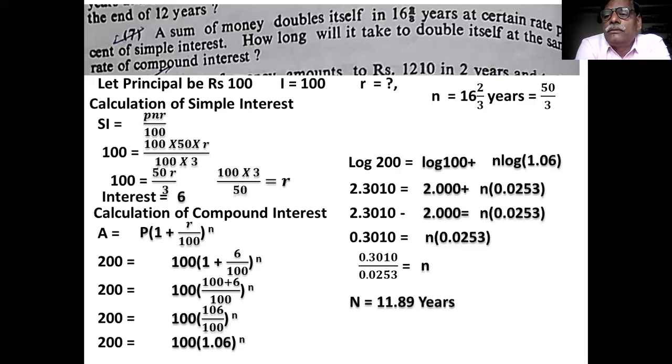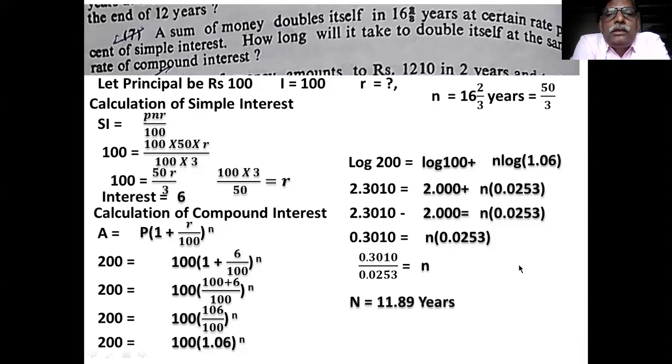You see the steps. My duty is to teach you how to solve the problems, but you have to make the calculations perfect. You make the calculation perfect and I'll tell you the way of solving the problem. Okay. This is the number 7 problem.